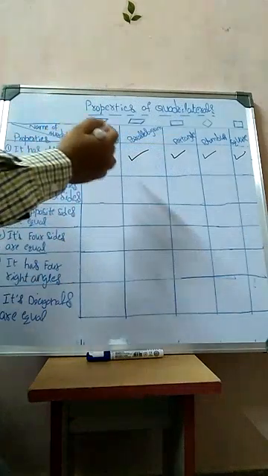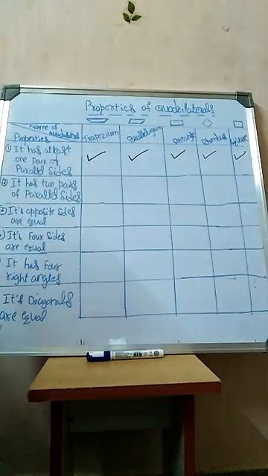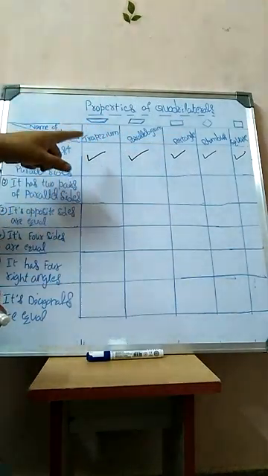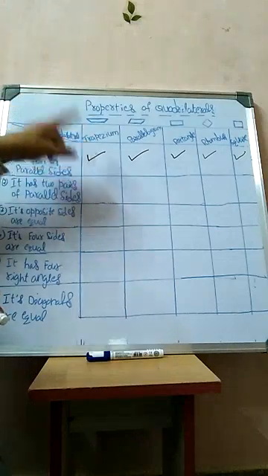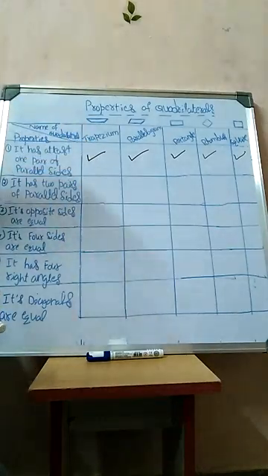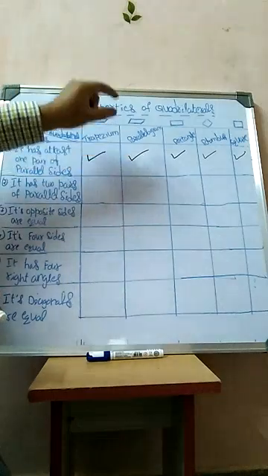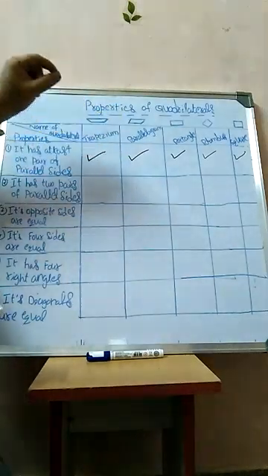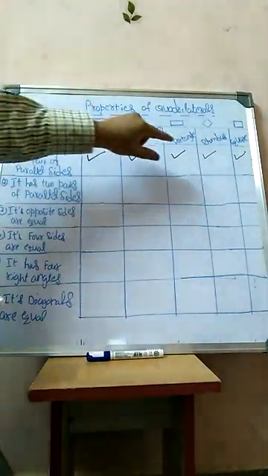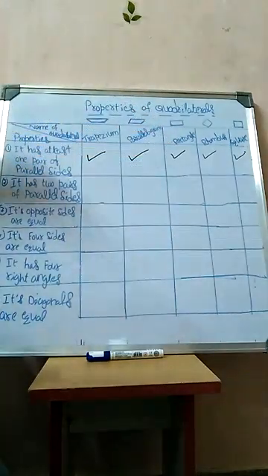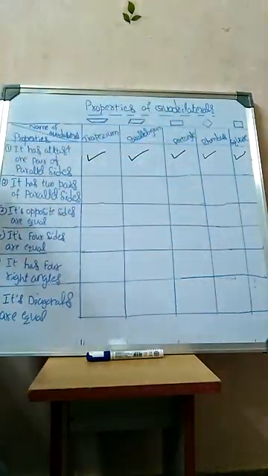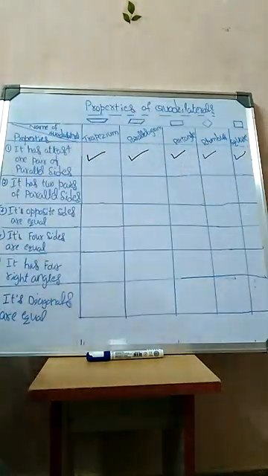All quadrilaterals satisfy the first property. That means trapezium has one pair of parallel sides. Parallelogram also has one pair of parallel sides. Rectangle also has one pair of parallel sides. Rhombus also has one pair of parallel sides. Square also has one pair of parallel sides.